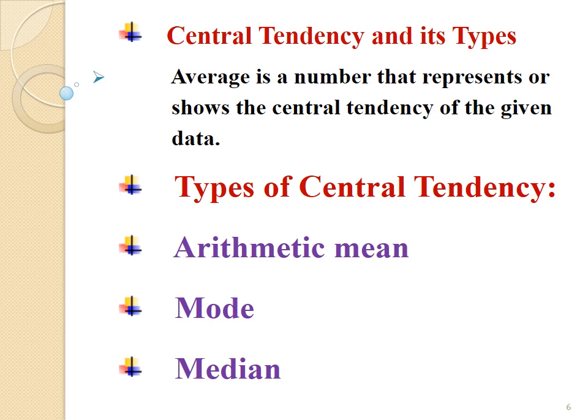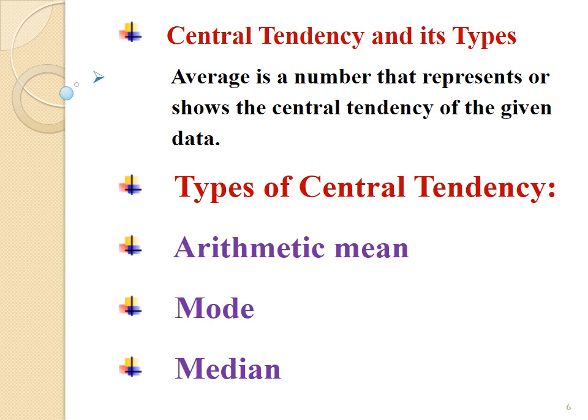It means some students may be less than 10 years and some may be more than 10 years. Thus, we notice that average is a number that represents or shows the central tendency of the given data.